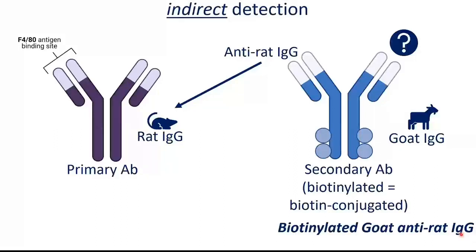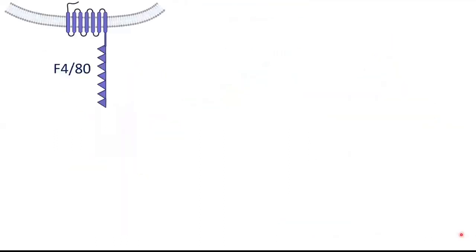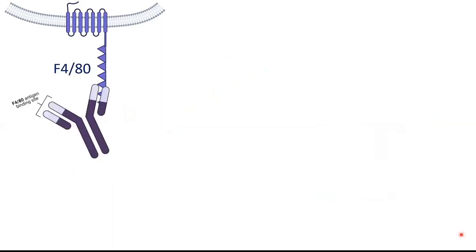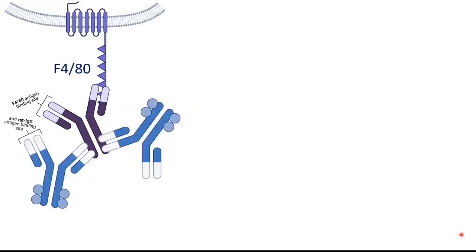So what's going on in the tissue when we're doing this staining process? Well, you'll have the macrophages with the F480 on the cell surface, and we incubate with the primary antibody. So this will bind really tightly to the F480, and then we can add the secondary antibody. So more than one secondary can bind to the primary.